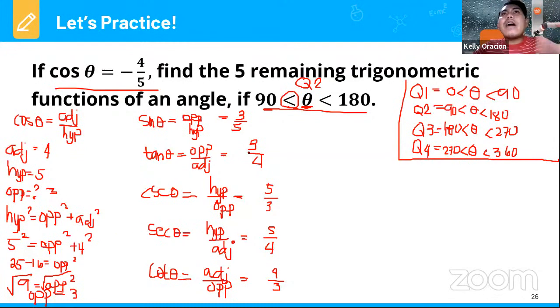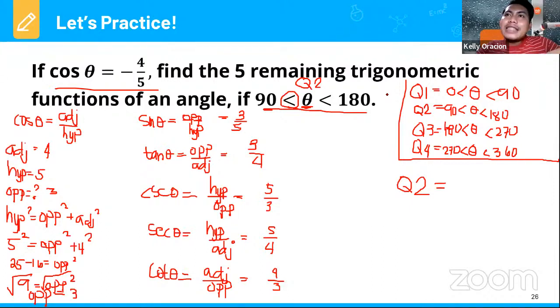Now, take note, the angle is located at quadrant 2. My question is this. In quadrant 2, which ones are positive? Okay, very good.